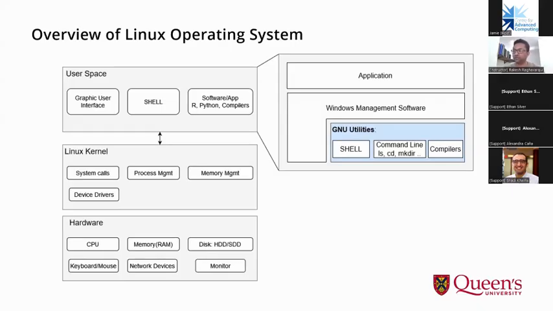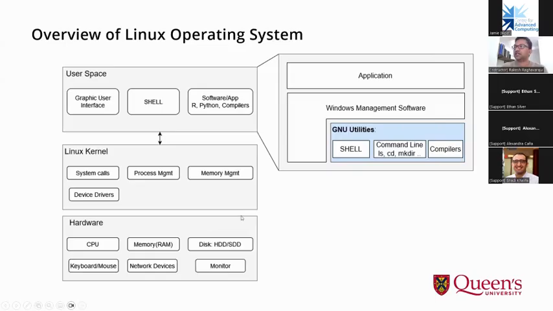It could be the CPUs, memory, hard disk, keyboards, and mice that you're using to communicate with your system. On top of that, you have the Linux kernel, which essentially communicates with the hardware. If you type a command, the Linux kernel will send that command through to do some operation on the CPUs, or allocate memory on RAM and so forth.